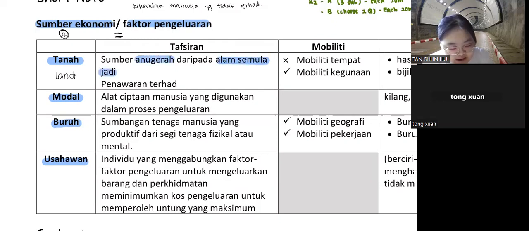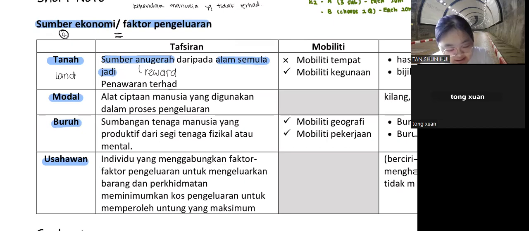Okay, sumber anugerah dari alam semula jadi. Anugerah means what? Reward. It's a natural reward, a gift from nature. Whenever things come from nature, we will say that this is tanah.